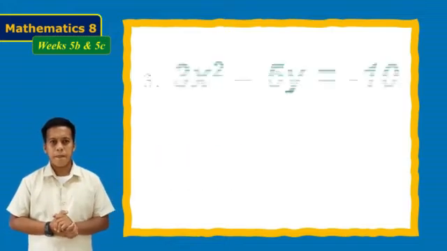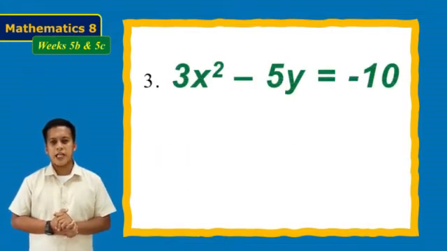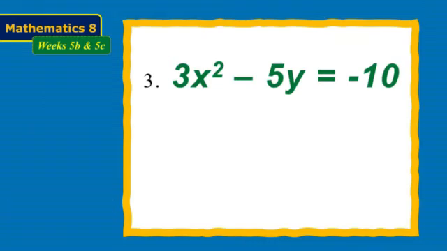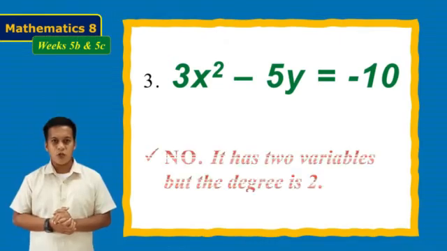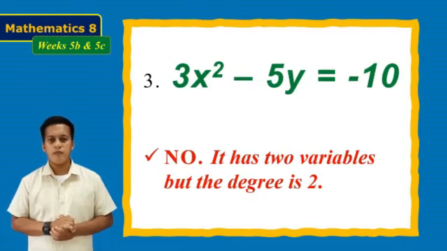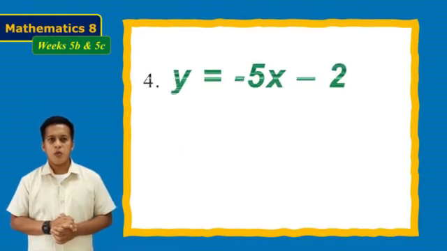Number 3. 3x raised to 2 minus 5y equals negative 10. The answer is no. It has two variables, but the degree is 2. Number 4.